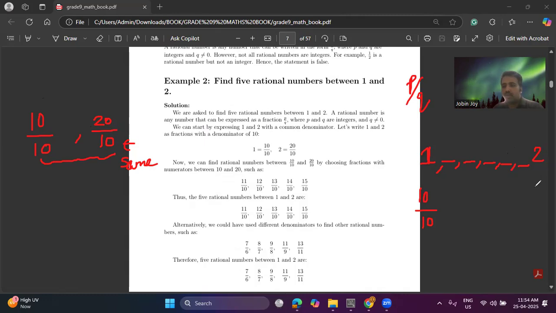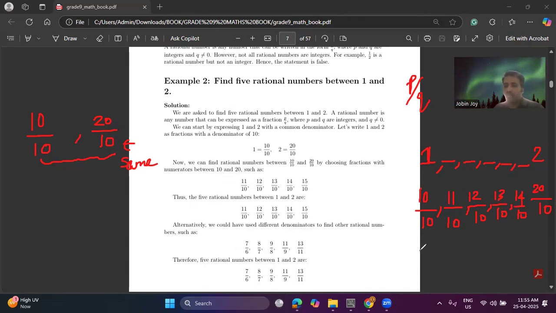So the next rational number after 10 by 10 is 11 by 10, with the same denominator 10. After 11, the next number is 12 by 10, then 13 by 10, 14 by 10, and the next number is 15 by 10.